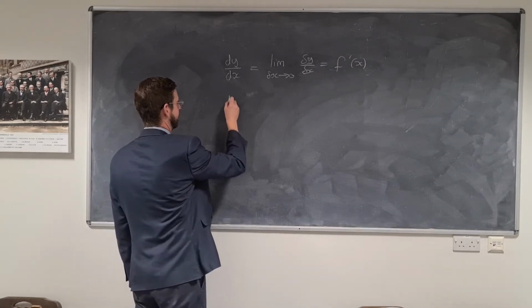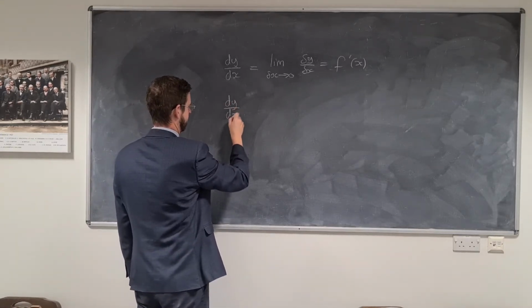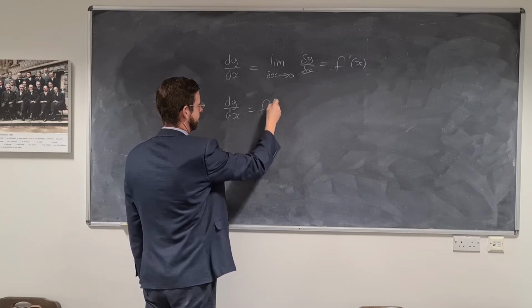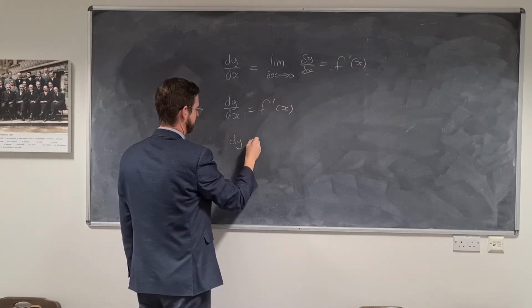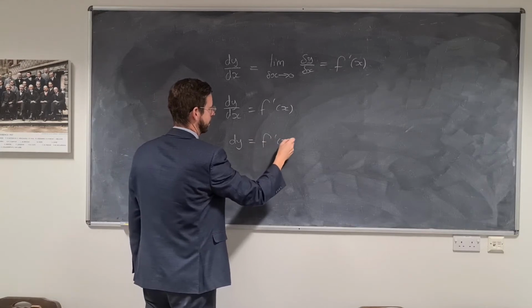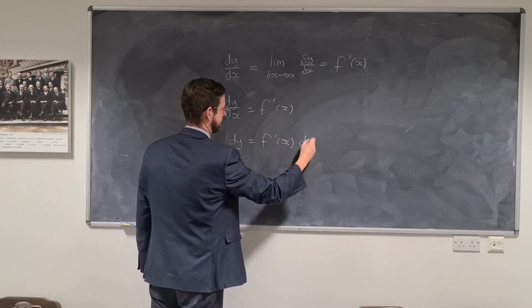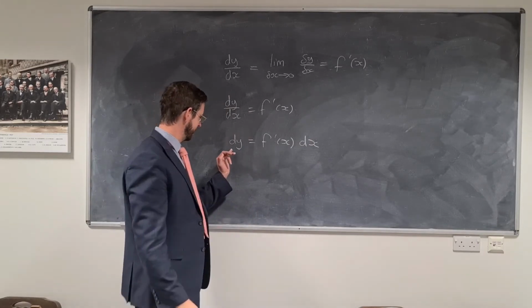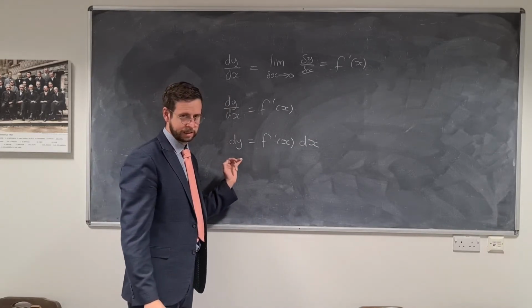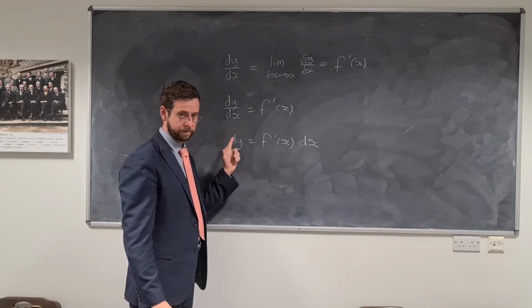He basically said that if dy by dx was equal to the first order derivative of x, then dy itself could equal the first order derivative of x times dx, just a rearrangement of this. Now that makes this object different to that fundamentally.